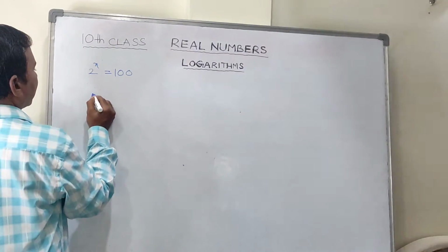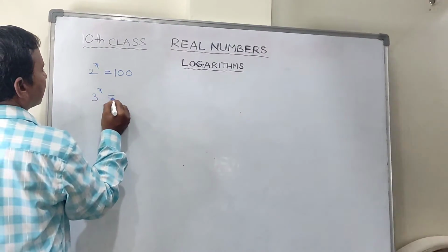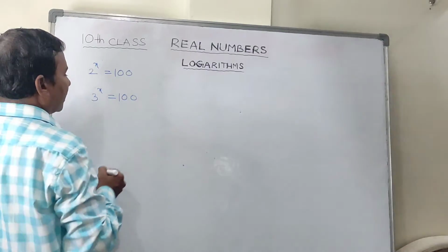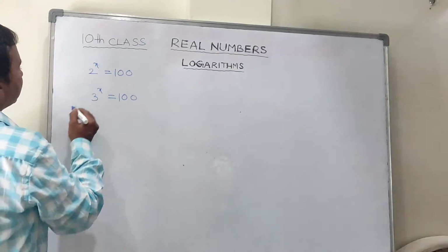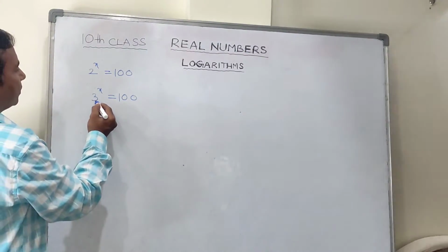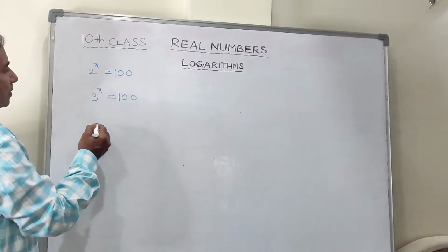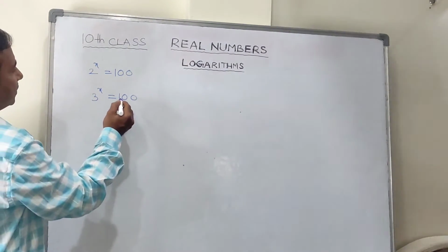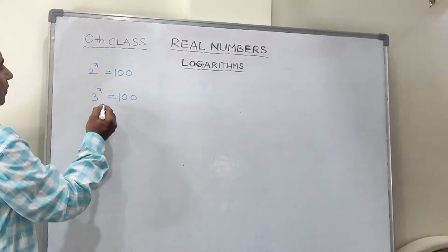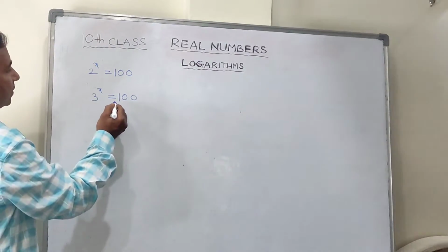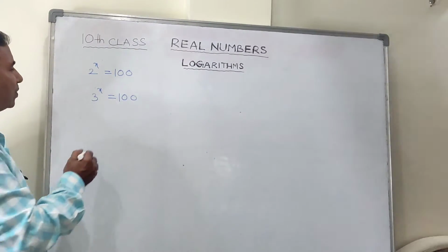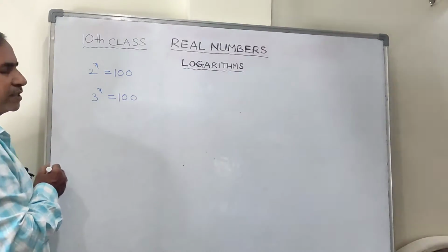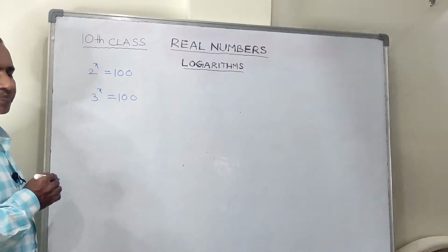If you see 3 power x is equal to 100, in this case also 3 multiplied many times, if you check, it is not possible to get our value 100.